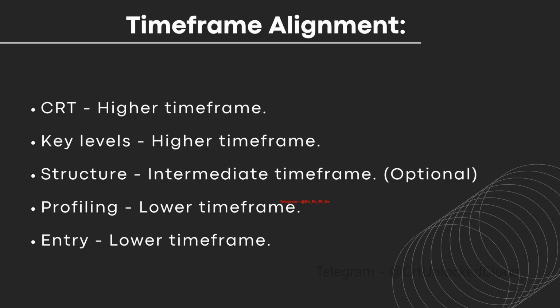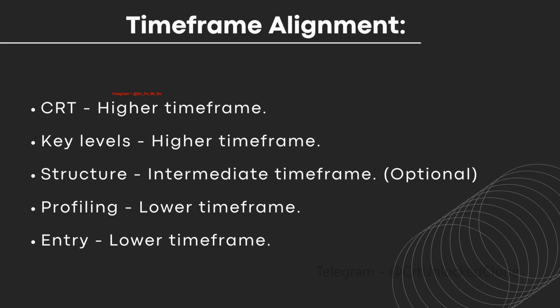Then we've got the intermediate time frame, on which we'll determine structure and order flow. Structure is basically seeing whether price is breaking highs and rejecting lows, or rejecting highs and breaking lows. That's what we call structure on a fundamental level. We're going to discuss structure in detail in other chapters, but that's what we regard structure as.